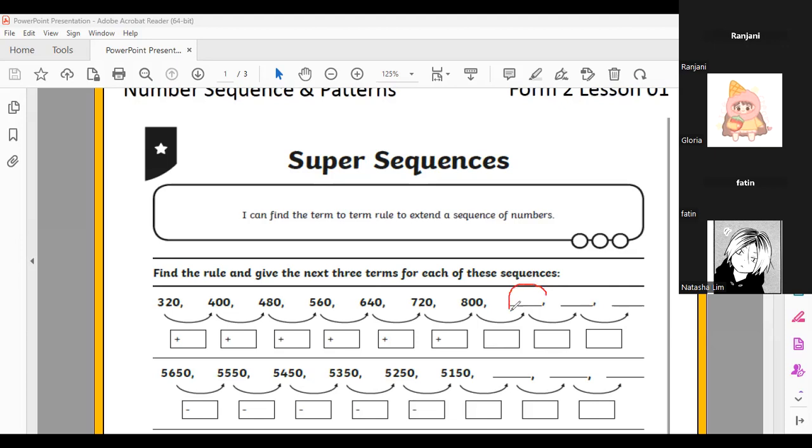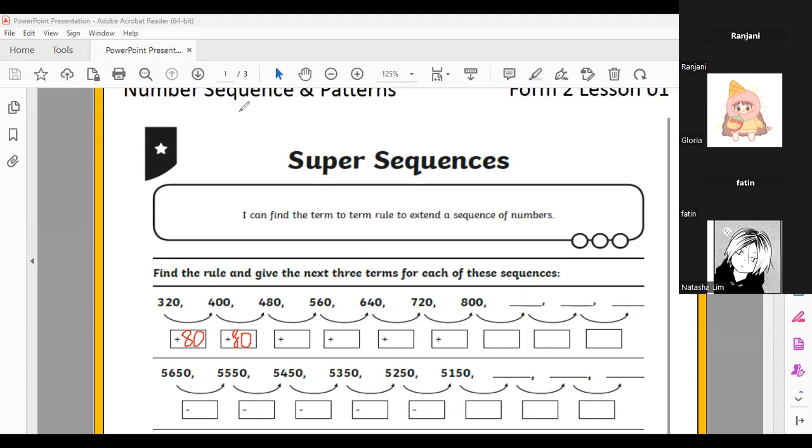Over here, of course, plus 80. The next one also plus 80, so every answer here is practically going to be the same.